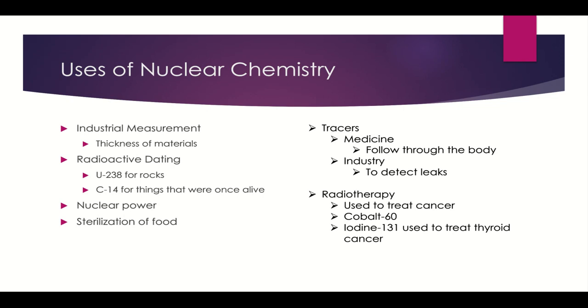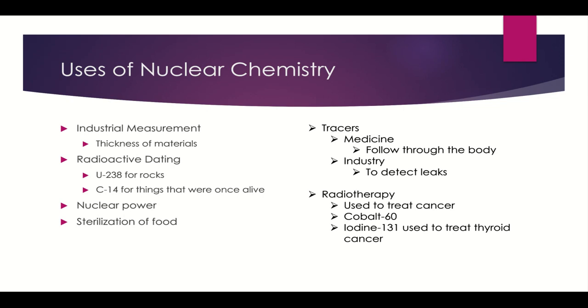So we know that nuclear chemistry can be very useful in all of these ways, but it also can be dangerous, right? So nuclear power produces tons of electricity, no carbon emissions. But you also get lots of nuclear waste. You also have the danger factor with it, right? You look at things like Chernobyl, and you can see what happened there.